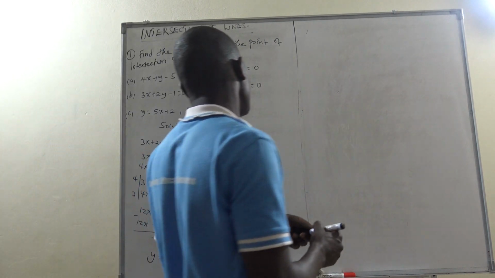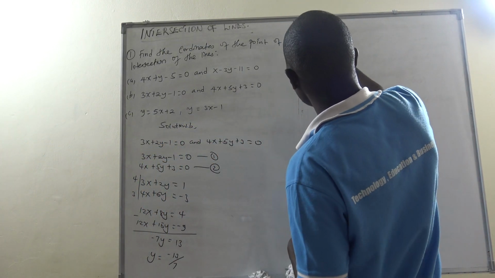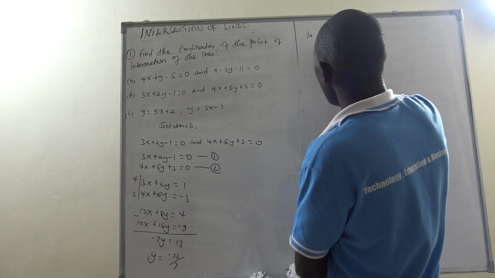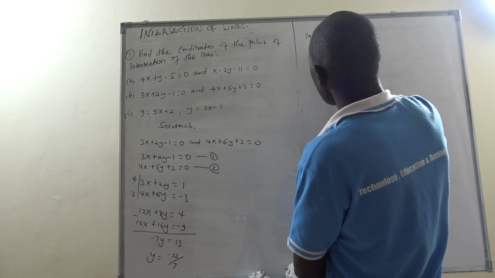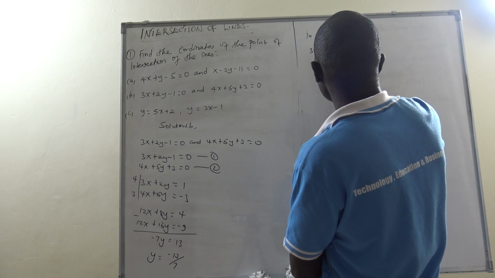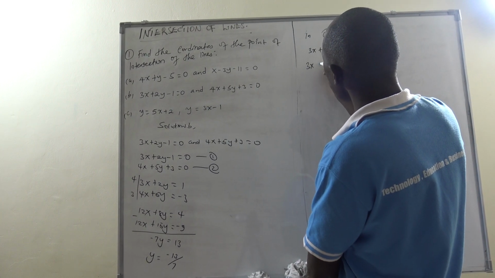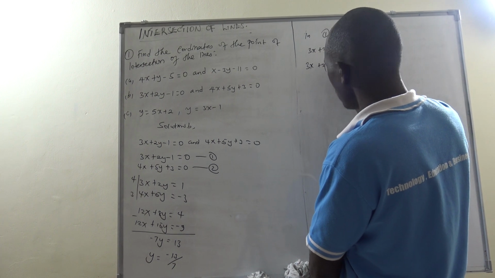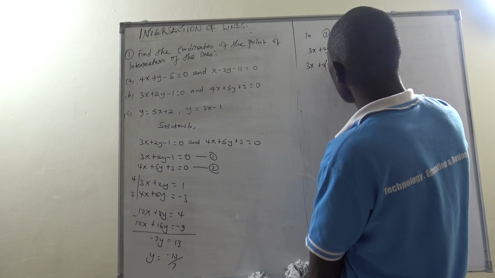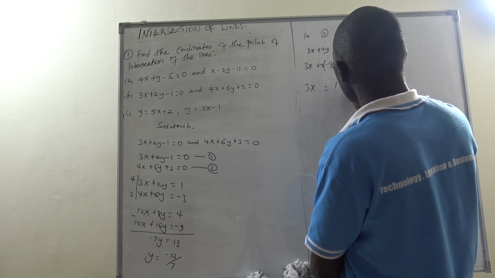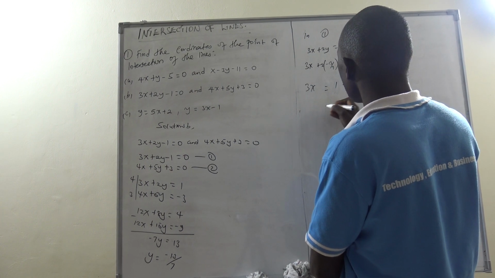Then from there, we substitute in any equation. We can say in 1, which is 3x plus 2y equals 1, we have already got the value of y. So we get 3x plus 2 into negative 13 out of 7 equals 1. So we are getting 3x as 1 plus 26 out of 7.